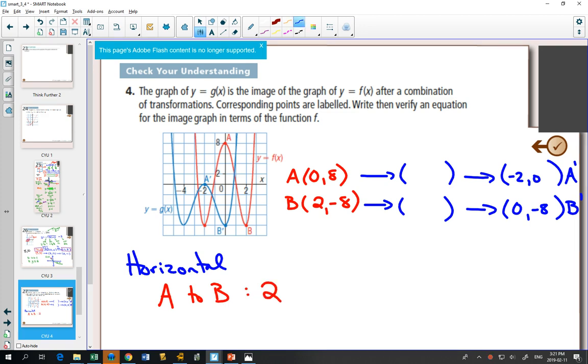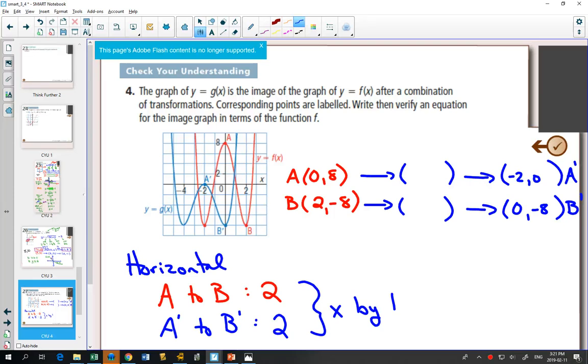If I then look at my blue graph from A to B, it's also 2. Was there a change? No. Technically, this means you have to multiply your x values by 1, but I'm not even going to write that above the arrow here because it doesn't do anything.